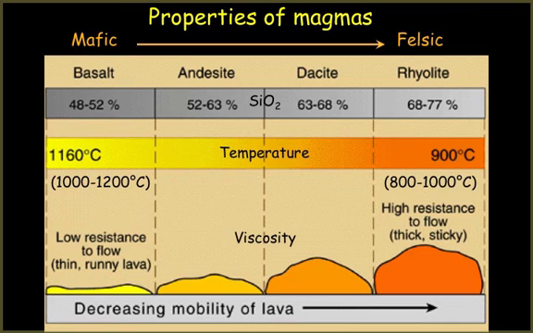We can compare that to rhyolitic lavas that have a silica content on the order of 70% and are much cooler, so 800 to 1,000 degrees Celsius. And these are much thicker and stickier lavas, so much more viscous.